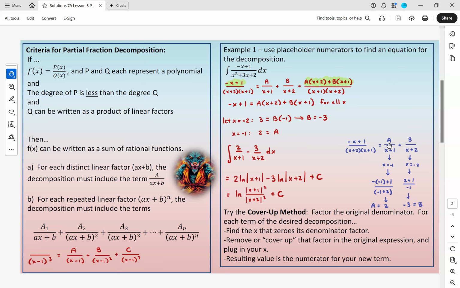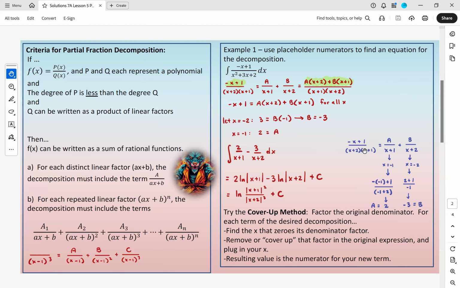If I want to figure out what A is, I'm going to look at its denominator. I'm going to identify the x value that would zero out the denominator. In this case, it's a negative 1. I'm going to bring that negative 1 over to the left side. But as I'm doing that, I'm going to ignore or cover up the denominator from the A term, but I'm doing it on the left side.